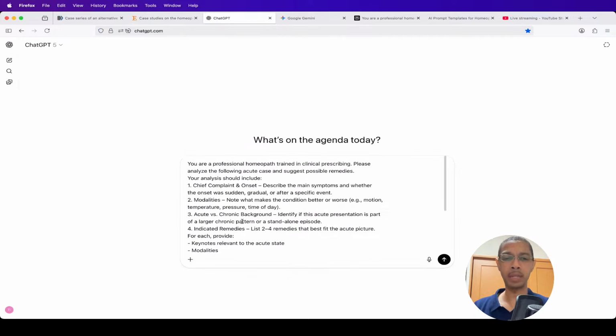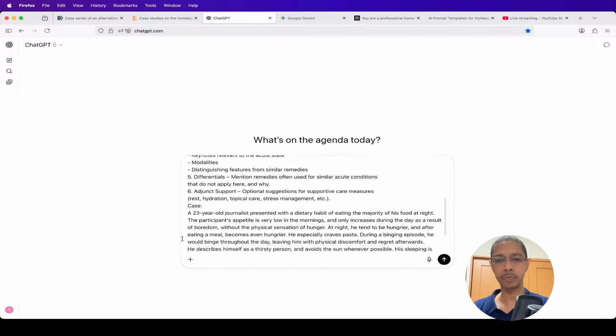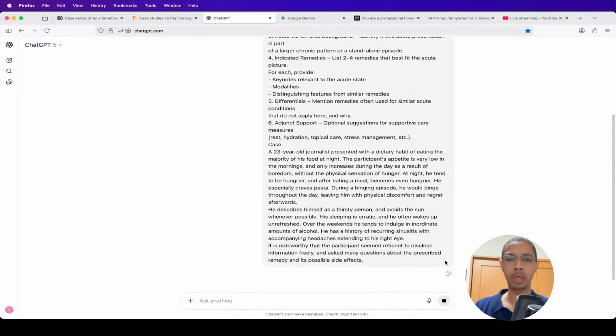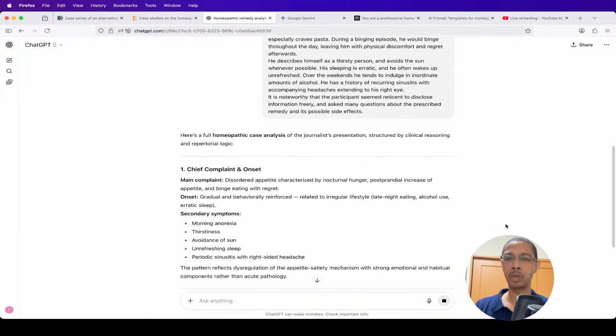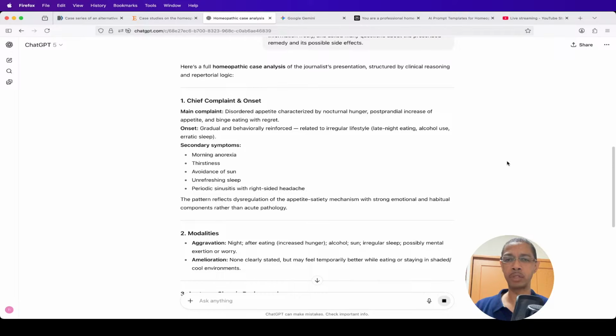So let's drop that case into our prompt with ChatGPT. And this is the acute. And we're going to look here. Okay. Main complaint: disordered appetite characterized by nocturnal hunger, postprandial increase of appetite, and binge eating with regret.